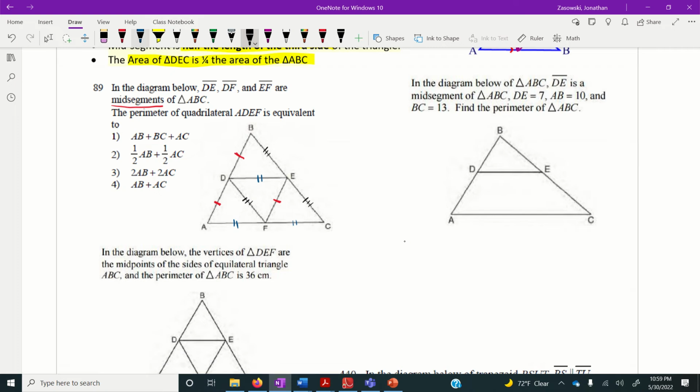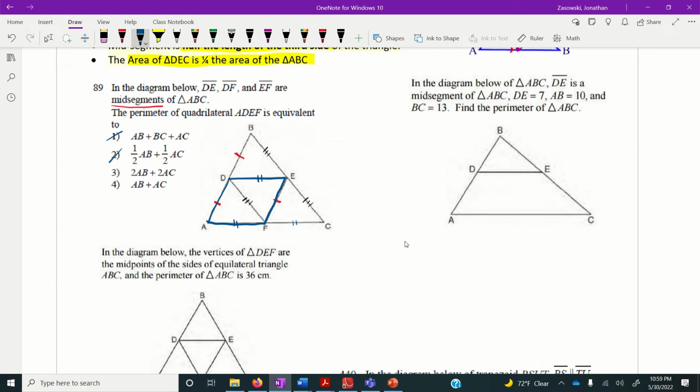Okay, so the perimeter of quadrilateral ADEF, let's trace that. ADEF, that's right here. So that perimeter. Is it the same as AB plus BC plus AC, the perimeter of the big triangle? That's no. Is it equal to 1/2 of AB, which is just this, and 1/2 of AC, which is this?